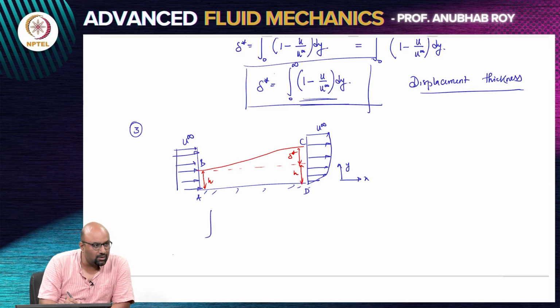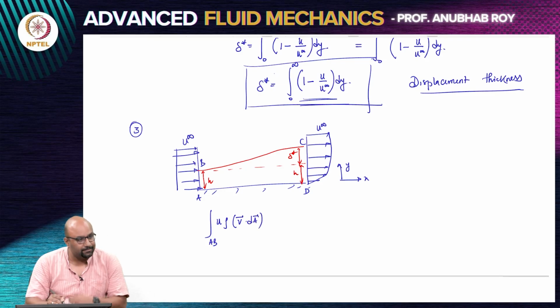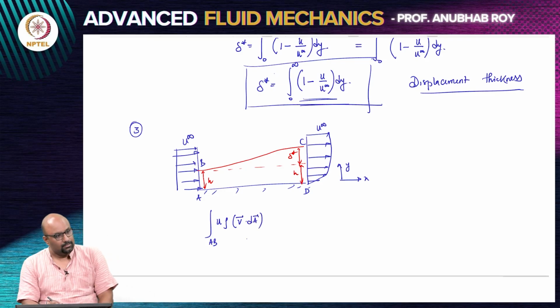The amount of momentum that is entering, the momentum flux through region AB, will be the integral of u rho V dot dA. That is the momentum flux that is entering through the region AB.